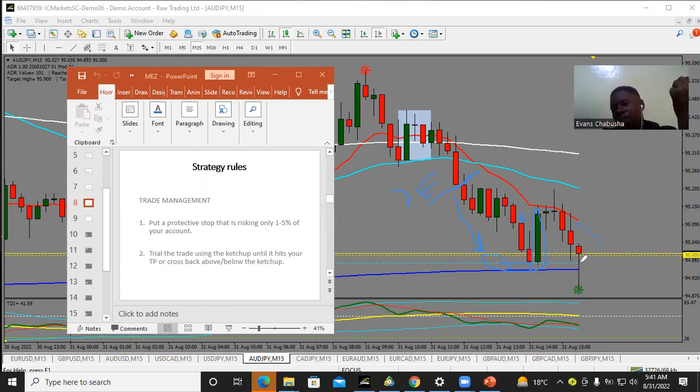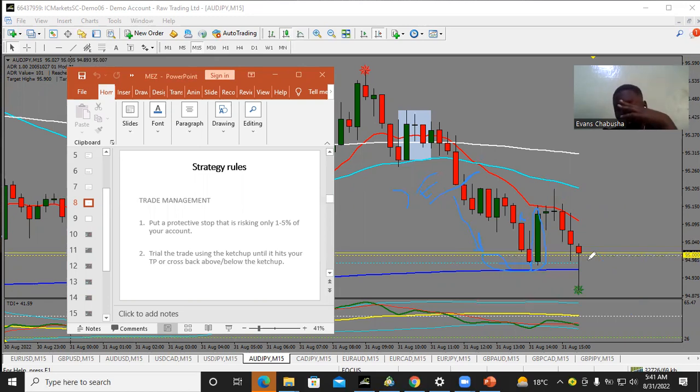Then when this catch up is moving, you should also be moving. Remember there was a protective stop there. You just move it maybe to somewhere there. When it moves again, you move it to your break-even level until it gives you whatever it gives you.